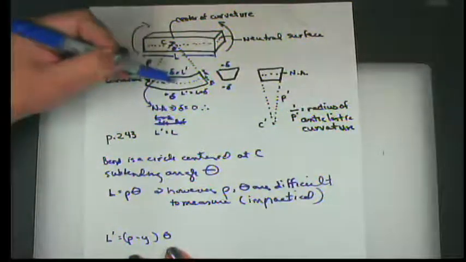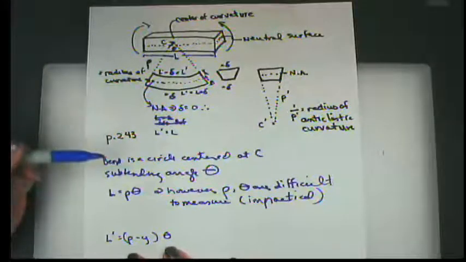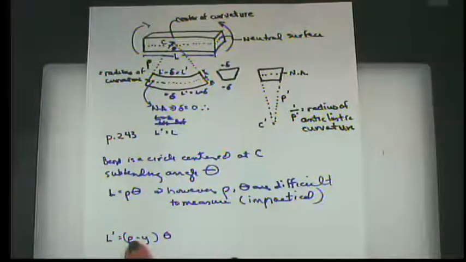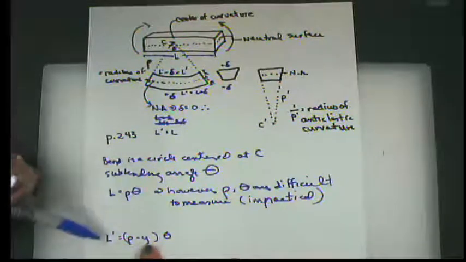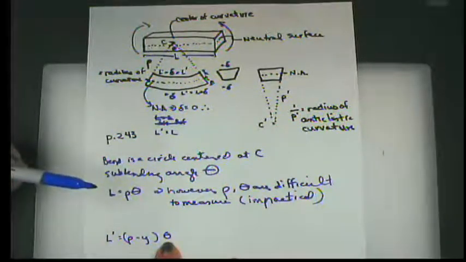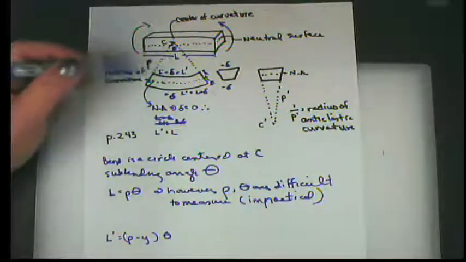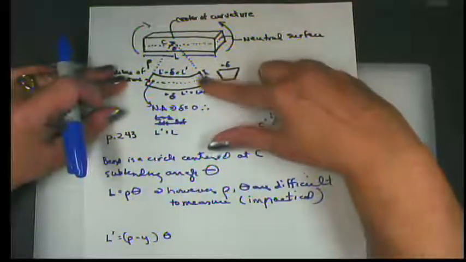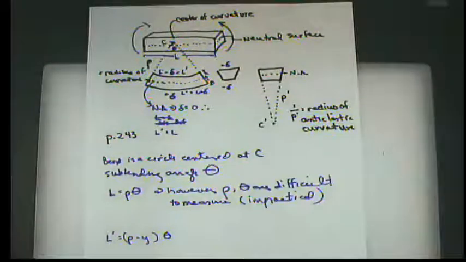These circles are going to have slightly smaller radii and also slightly smaller lengths. And it's still determined by that angle that is subtended theta. It's negative because above we shorten and below we lengthen.